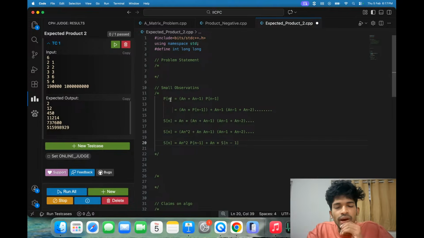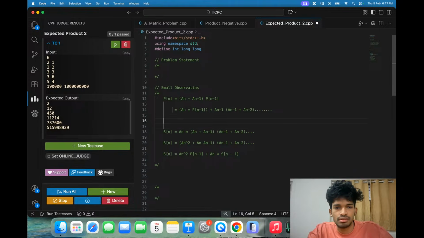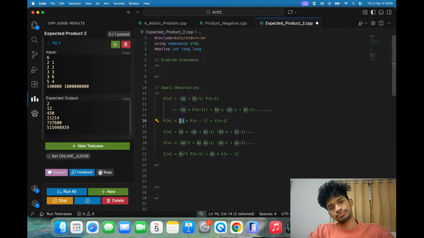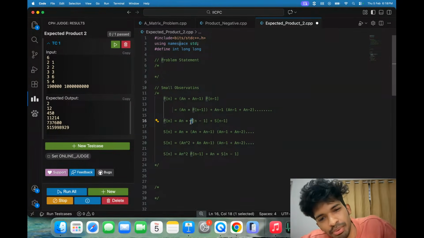So I think we are able to write Pn in terms of an times Pn minus 1.